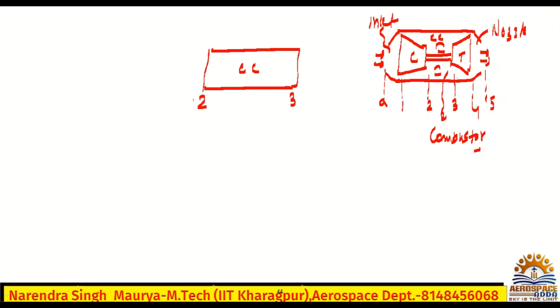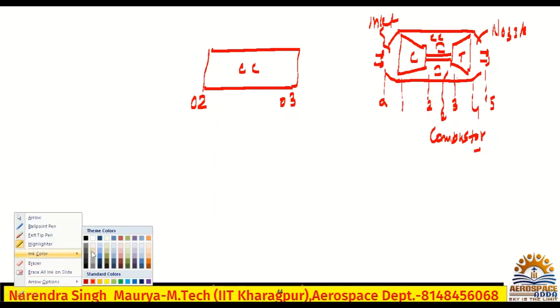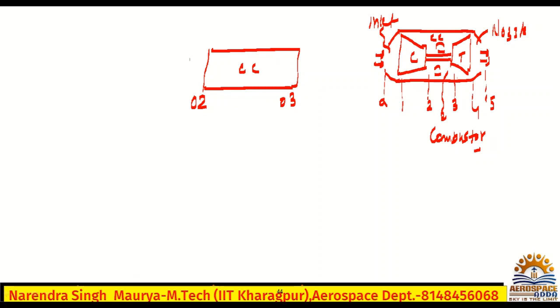So I would say this is station 2 and this is station 3. This is the engine's inside part, so I will consider total quantities, so I must say this is stagnation 2 and stagnation 3. In the combustion chamber, the fresh air you get from the compressor enters here.